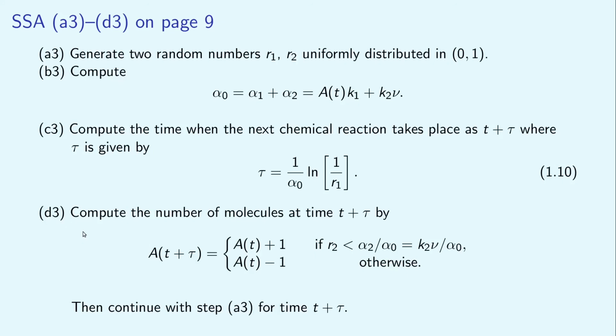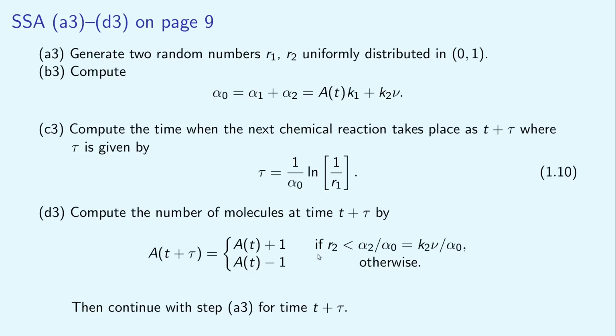Finally, we have to decide which of the two reactions took place at time t plus tau. We know that the probability of the second reaction occurring is its propensity alpha 2 divided by the total propensity alpha 0, which is K2 nu divided by alpha 0. Therefore, we use the second random number R2 to decide which reaction took place.